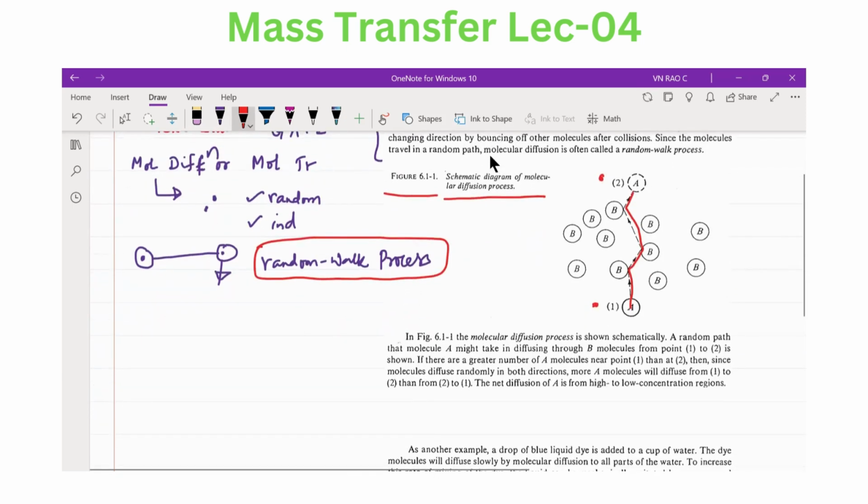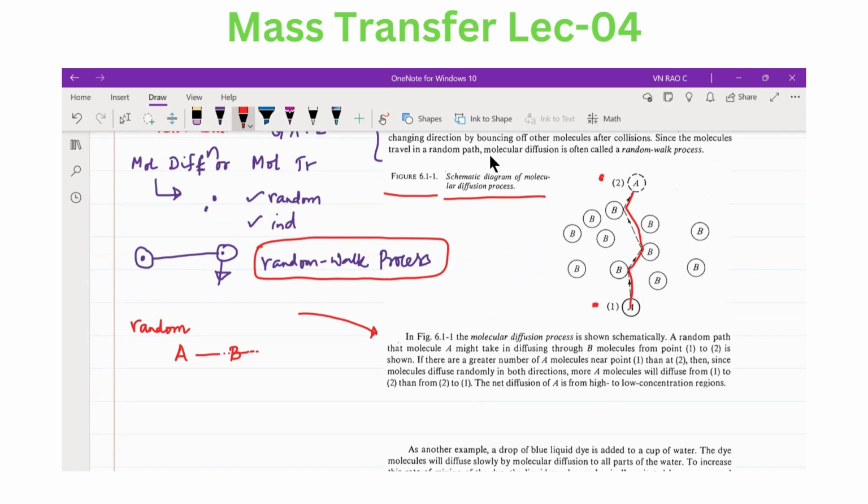So the random path that the molecule A might take in diffusing through B from point 1 to point 2 is shown. So this is the diagram.